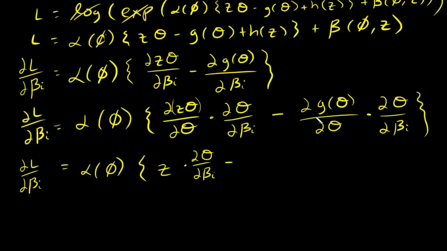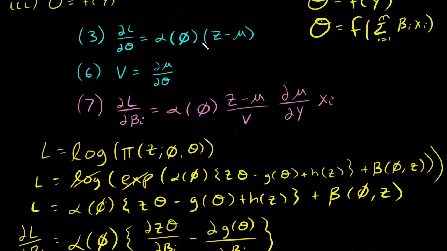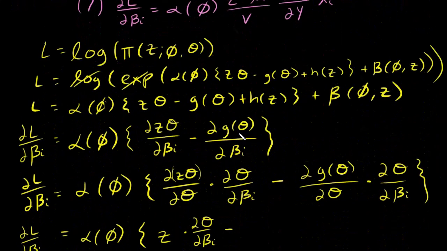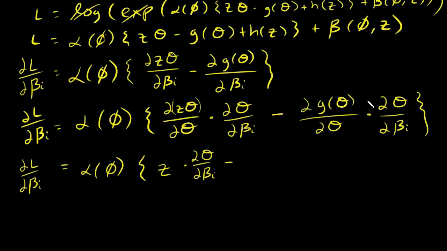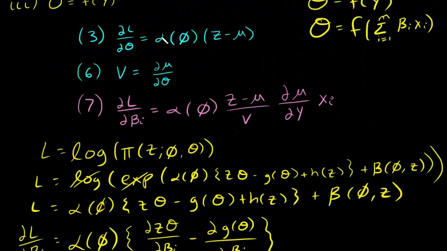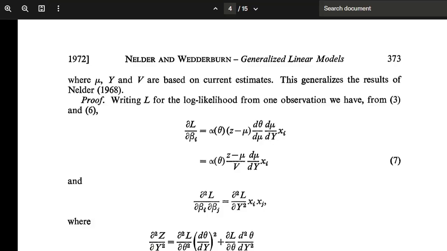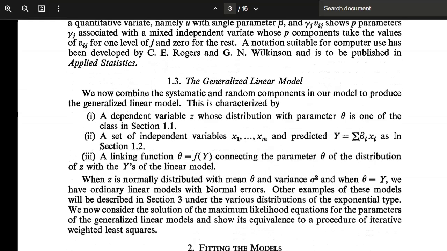And then the derivative of g with regards to theta. G is a function of theta. Let me see. Did I write this down somewhere earlier? This is by definition mu, which I'd have to go back, but let me actually go to the paper really quick. Where did we see that?